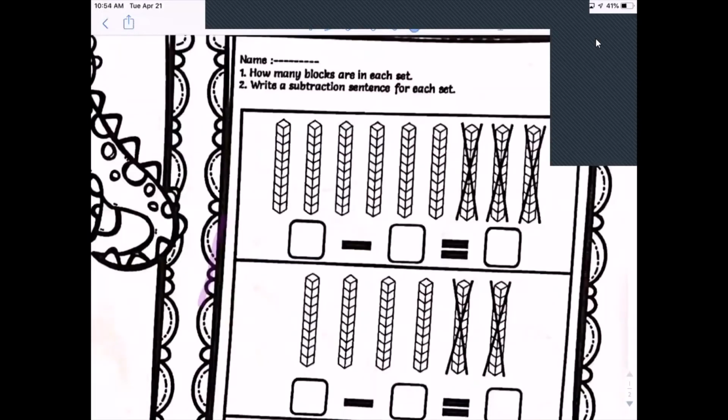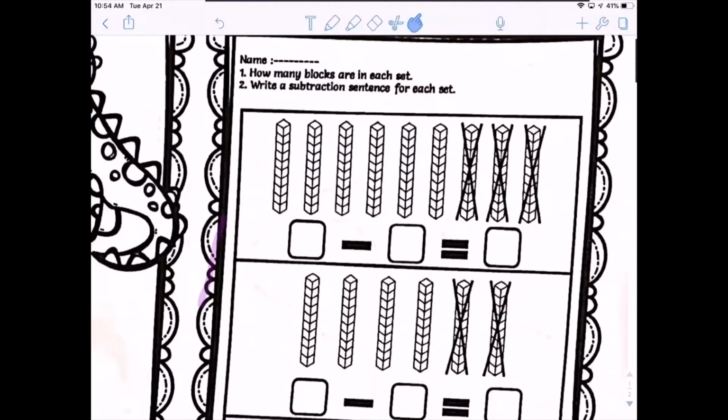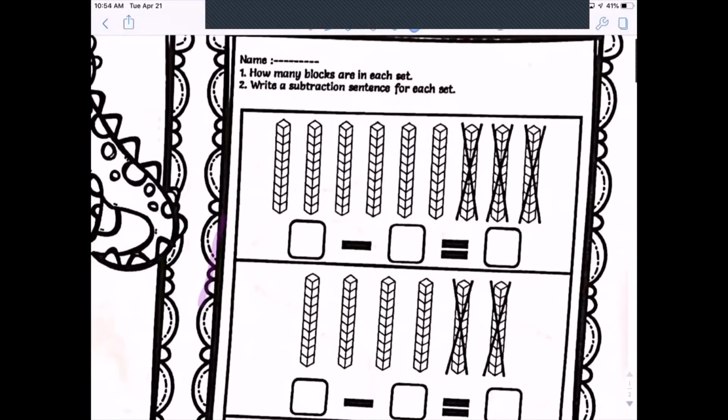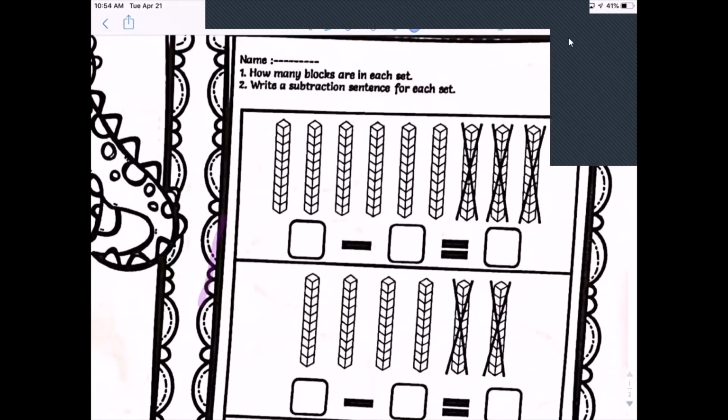Here, okay, we're going to be taking away groups of 10. What are we taking away? Groups of 10. Okay, so you have... would be 10.